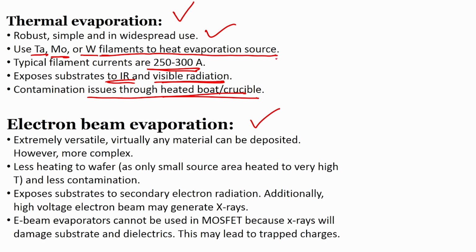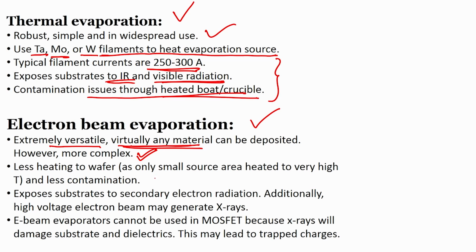However, there are some drawbacks. What about electron beam evaporation? It is extremely versatile; virtually any material can be deposited. However, it is a little bit complex, not only in design but also in operation.